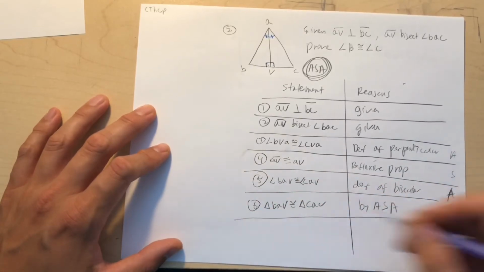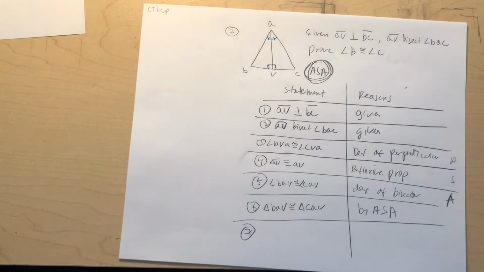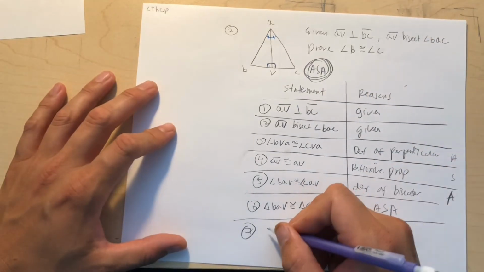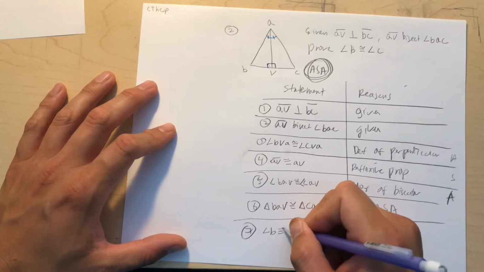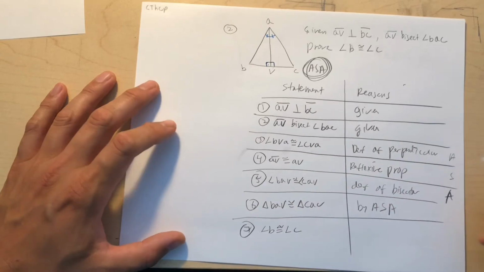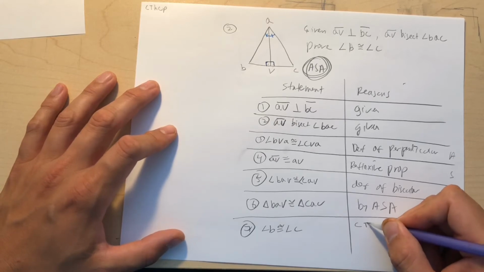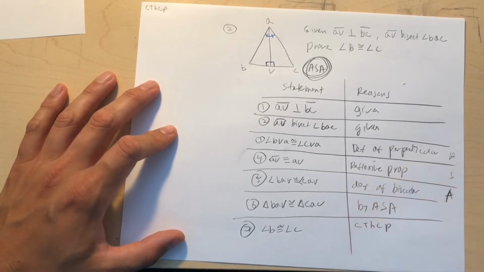Now, once you prove a triangle is congruent, then the parts of the triangles are congruent, okay? So let's go and write that down. Angle B is congruent to angle C, and it is called congruent triangle has congruent parts, okay?